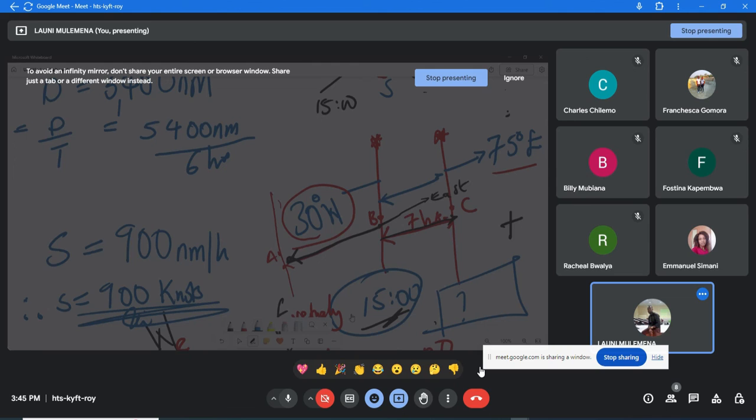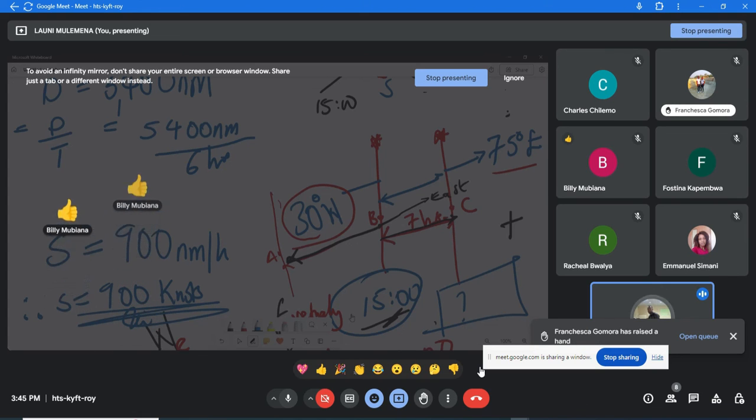Otherwise, guys, if there is no question, this is what I wanted to share with you with paper 1 as far as Earth geometry is concerned. So that means we can say bye-bye to Earth geometry, right? What are your views? Should we start another topic? Yes, Madam Waneda, your hand is up. I think, sir, you should just give us another example of paper 1.